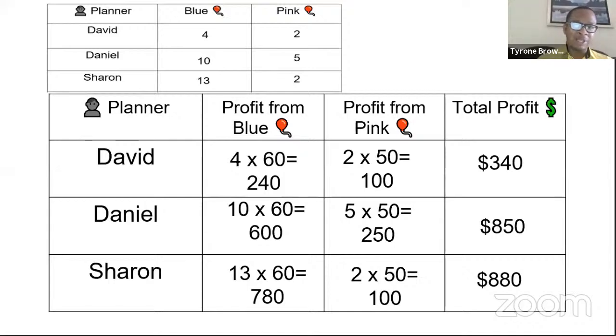So in this situation, she has to sell at least 4 blue balloons, based on the amount of pink balloons that she had. The minimum amount of blue balloons she can sell is 4. Does she meet that requirement?